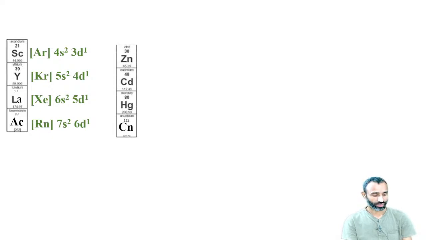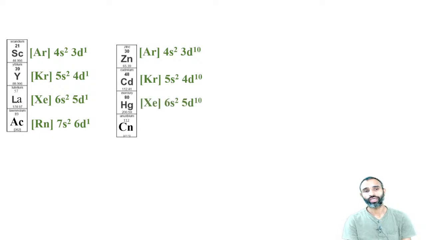So zinc, cadmium, mercury and copernicium are 4s2 3d10, 5s2 4d10, 6s2 5d10, 7s2 6d10. So group number is equal to the number of ns electrons plus the number of n minus 1 d electrons.